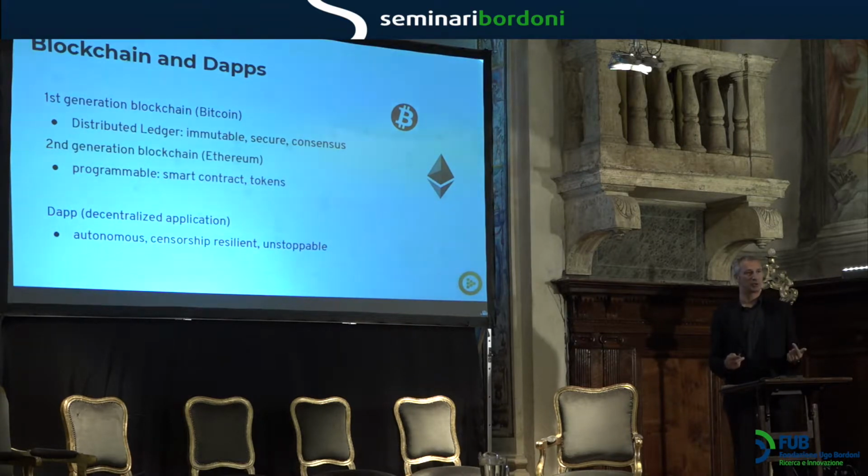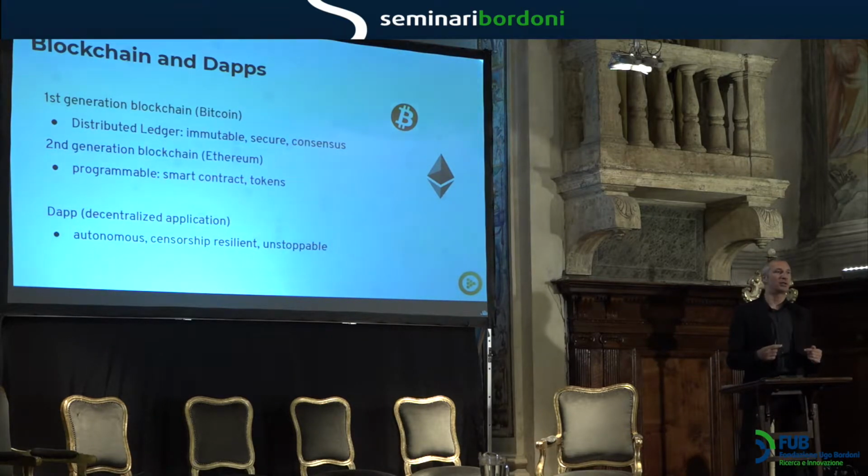A consensus protocol means that all the nodes in the network are going to agree together about the state of the ledger. This notion of consensus is extremely important in the sense that this is what allows building a distributed system where no third party is necessary.